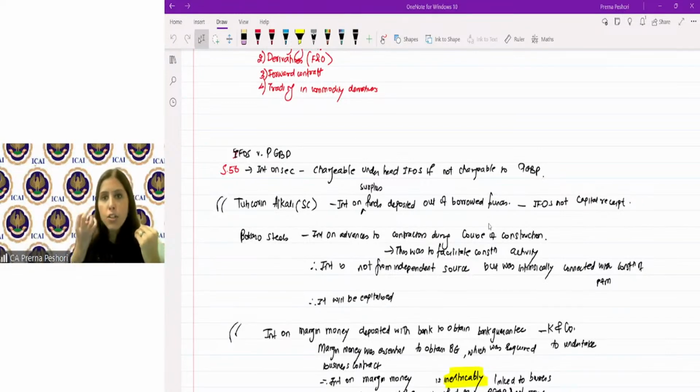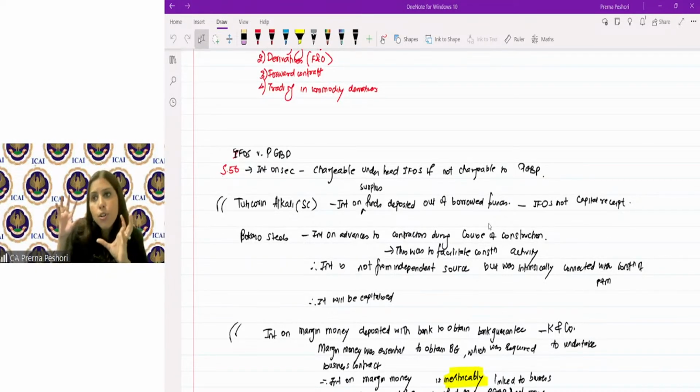Now this share application money that I have received, I have to keep it in the bank account only until the shares are getting allotted. So till the time the shares are not allotted, the amount will be kept in the bank. Once the allotment is happening, only then the share application gets converted to the share capital.